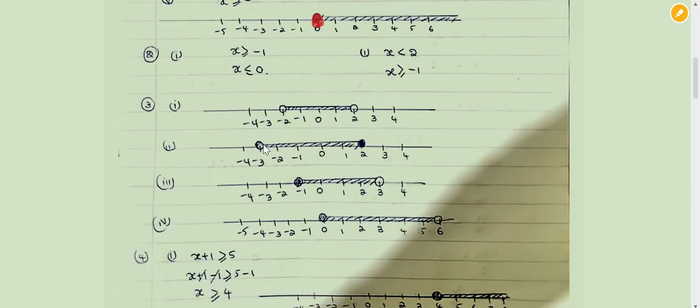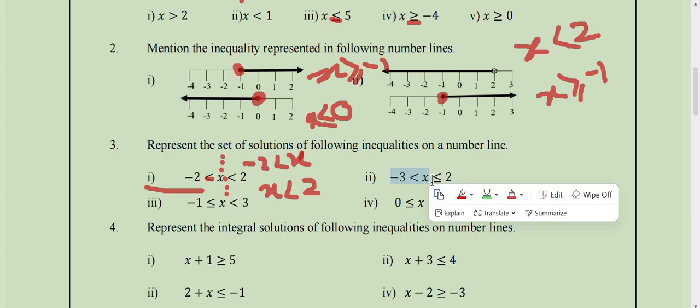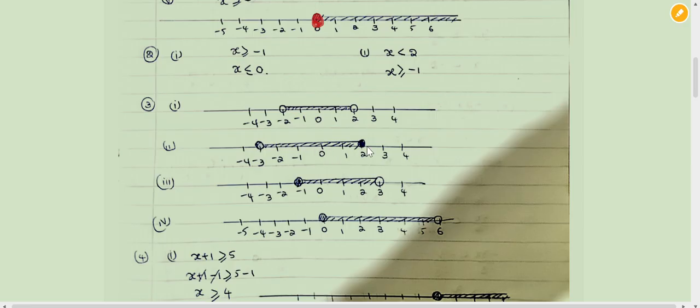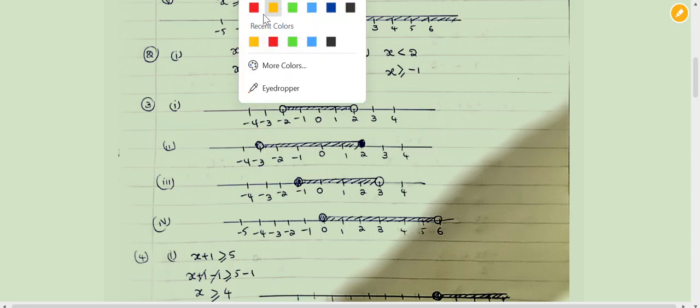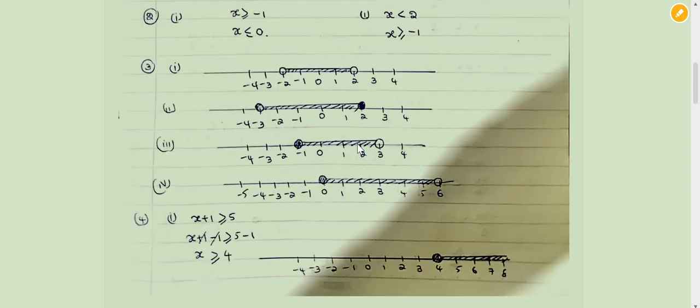Firstly you should draw x is greater than minus 3, greater than means this side. And after that x is less than positive 2, so this is positive 2, less than means this side. And what is the solution? The intersecting region of the two colors. So this region is intersecting, so this is the solution, right?